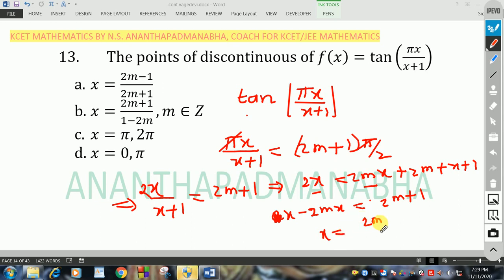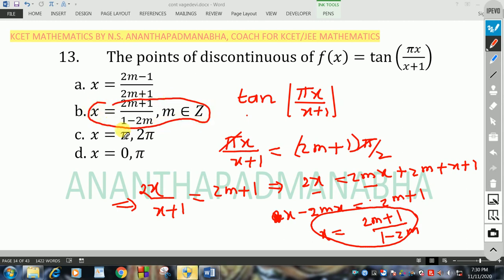Take it to the right hand side denominator, you will get 1 minus 2m. So this is another approach to the same problem which we solved. So x is equal to 2m plus 1 by 1 minus 2m, m belongs to Z. At this point, the given function is discontinuous because at x equals 2m plus 1 by 1 minus 2m, tan theta is not defined.